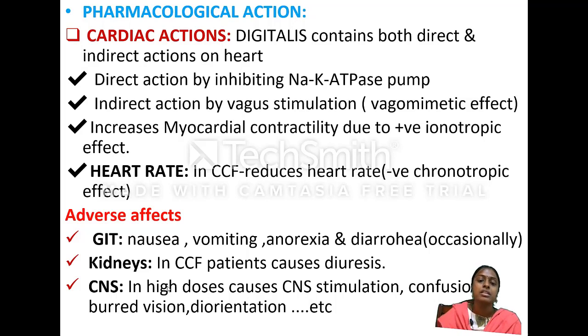In the CNS, it acts as a stimulant, so the patient will be very anxious every time, get confused, and have blurred vision and disorientation.